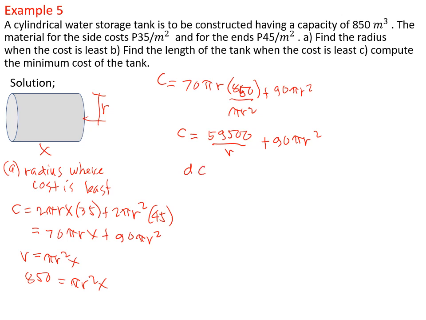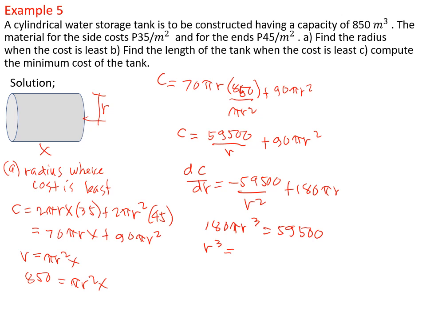So differentiate: dC all over dr equals minus 59,500 all over r squared plus 180 pi r. 180 pi r cubed equals 59,500. R cubed equals 105.27. R equals 4.72 meters.